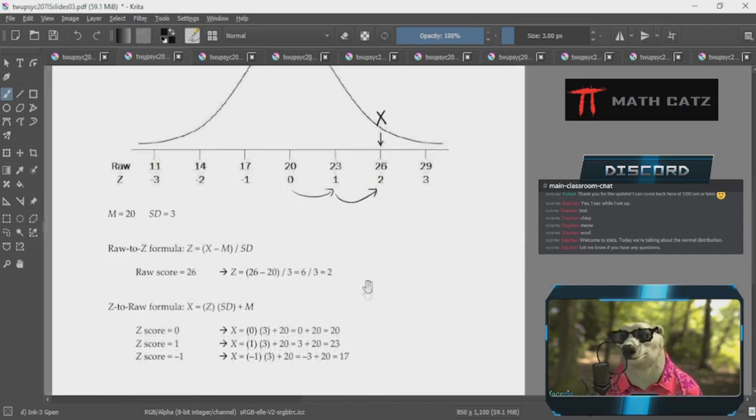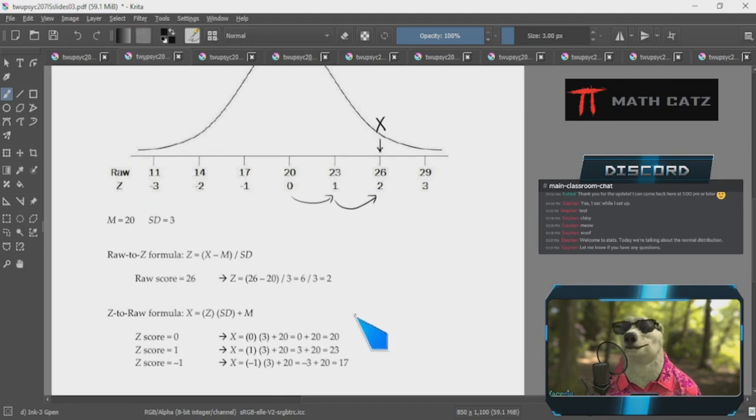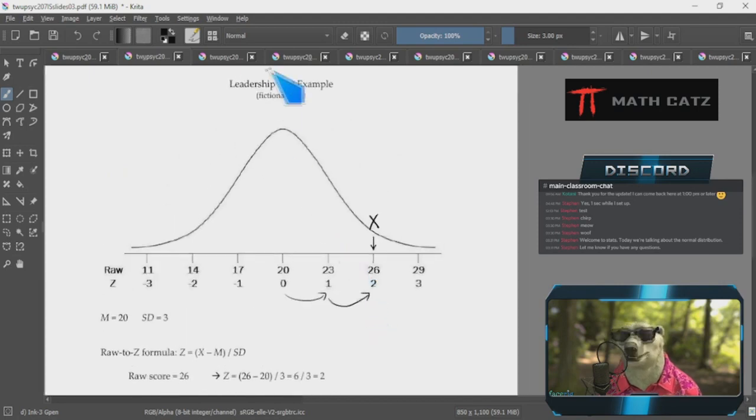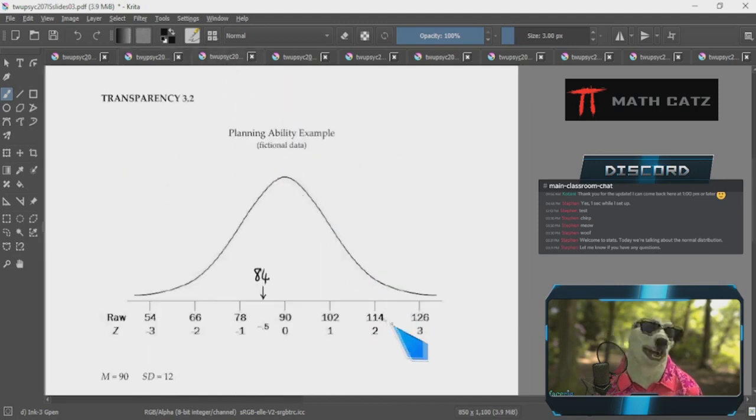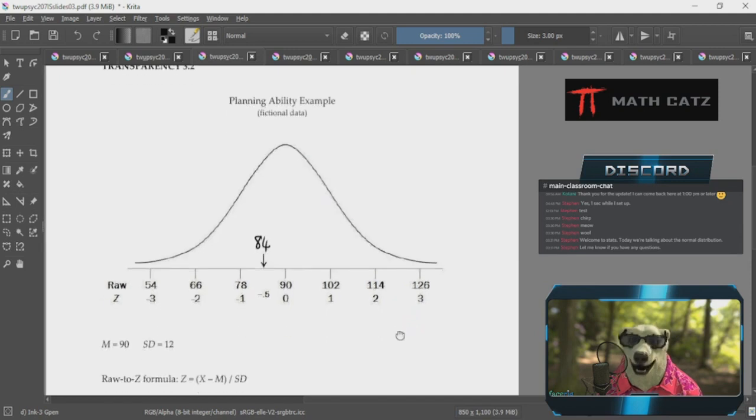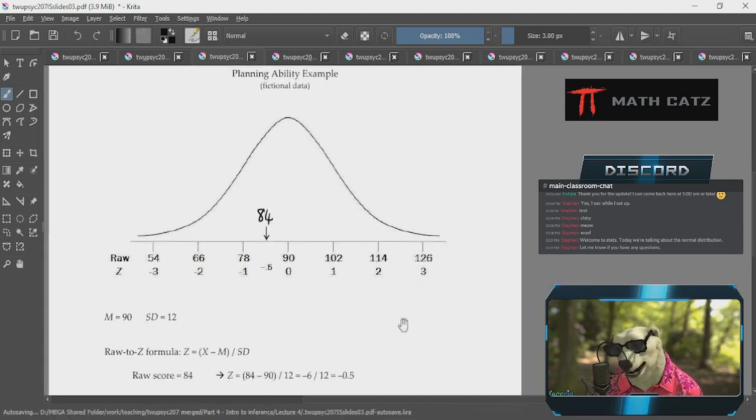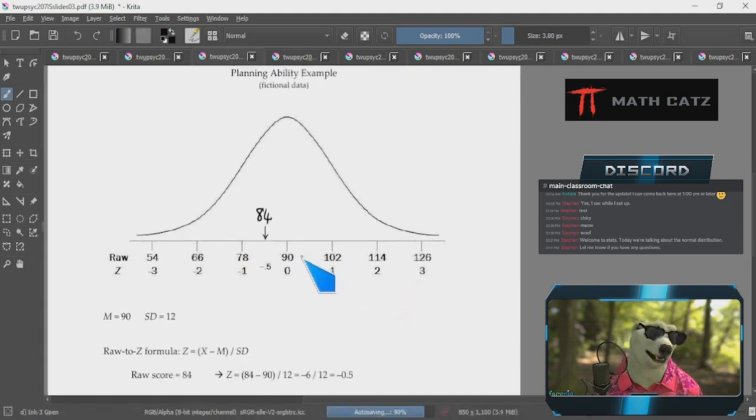So let's look at a few other examples. Well, first, before I do that, let's backtrack and look at the other one before I flip the direction. Here we have the same formula. We want to look at a raw score of 84. What does that mean? Where does that sit?